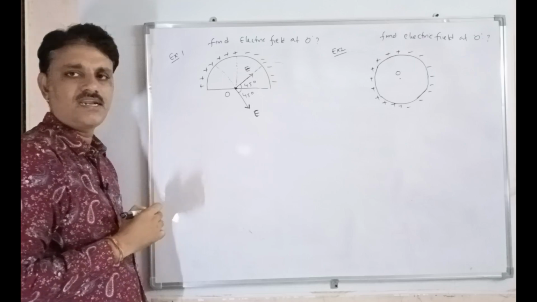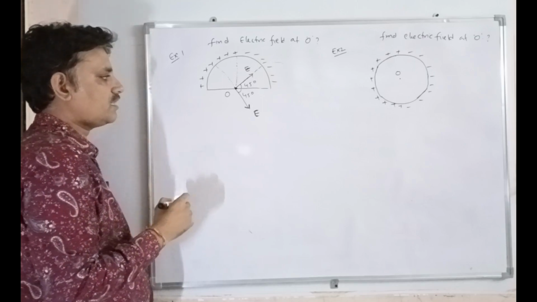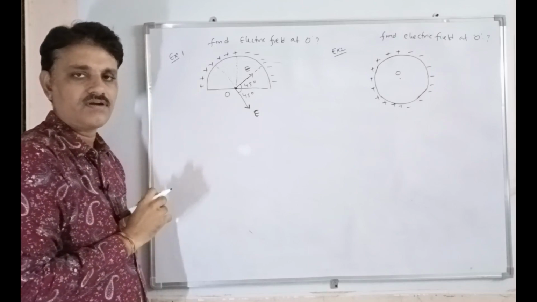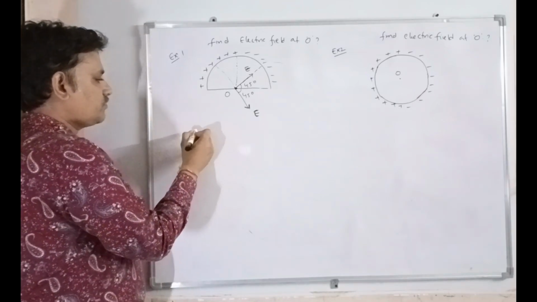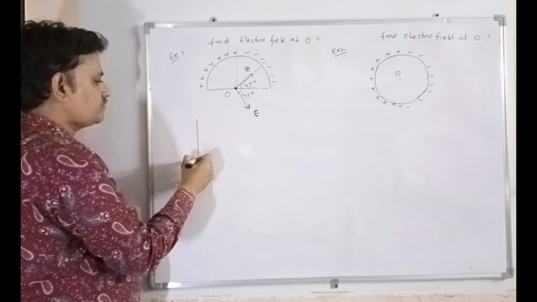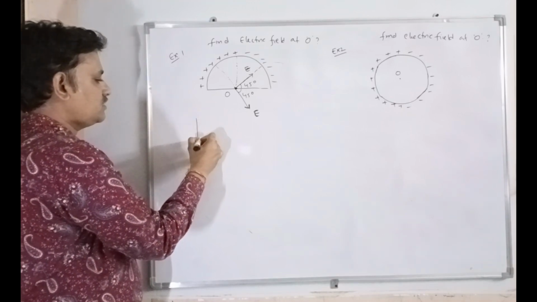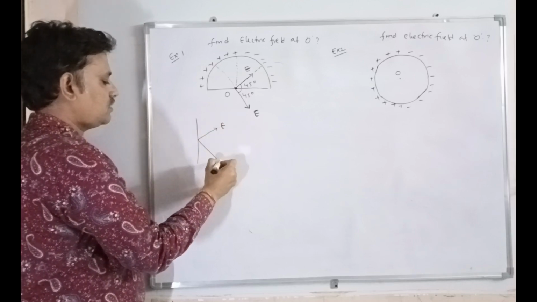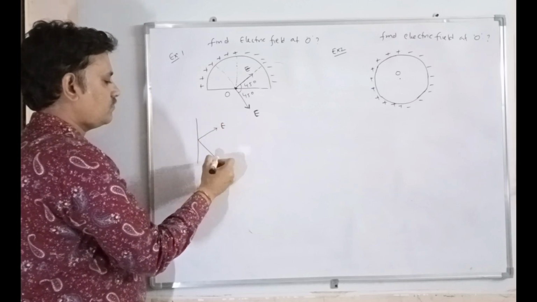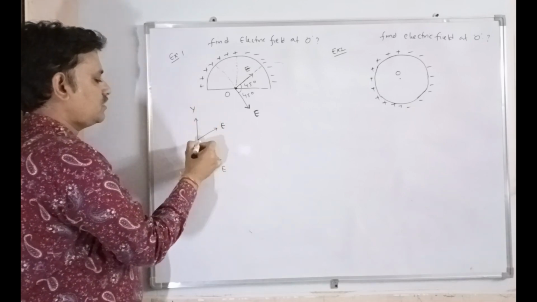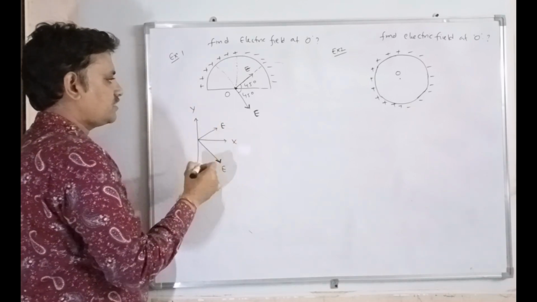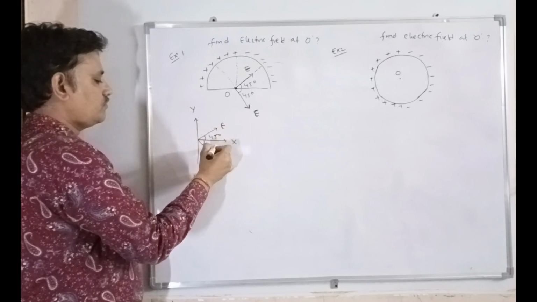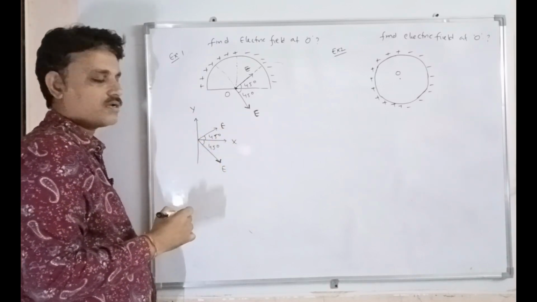So what is the resultant electric field? The components of these two electric fields will give the resultant electric field. Suppose you draw those components separately: this is E and this is also E. Suppose this is the Y direction and this is the X direction. The angle is 45 degrees and it is also 45 degrees, right?